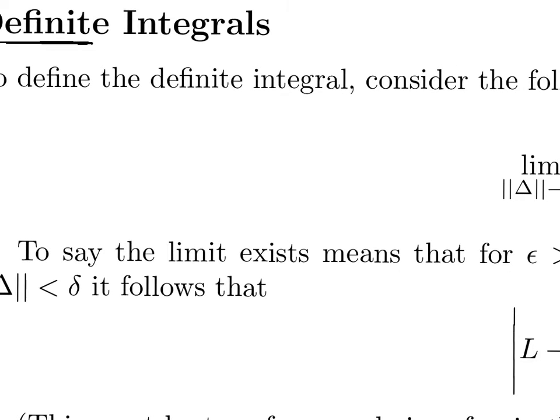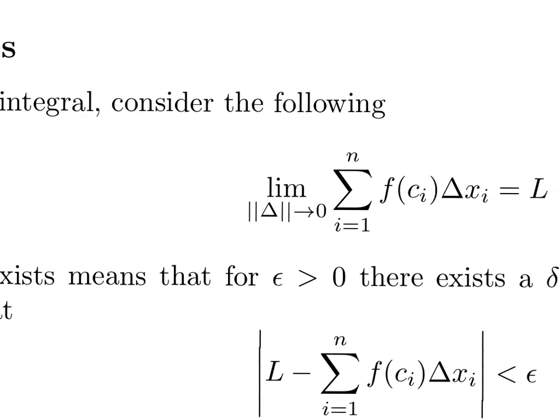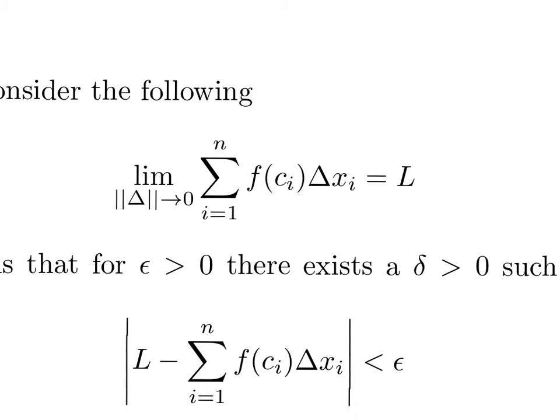To define a definite integral, you're going to consider this. We've replaced this idea of n approaching infinity with the norm approaching 0, because just as we saw before, n approaching infinity does not necessarily mean we get a better approximation.